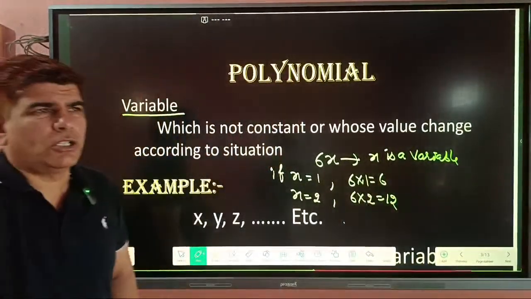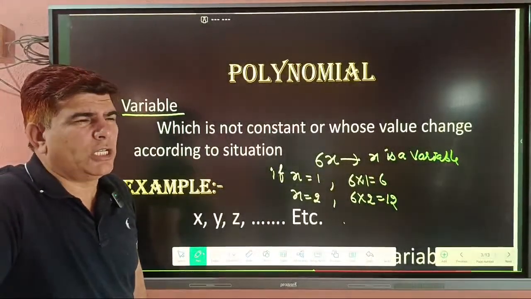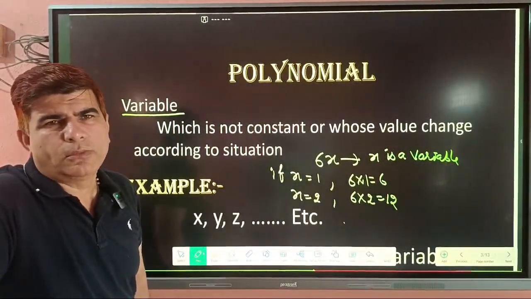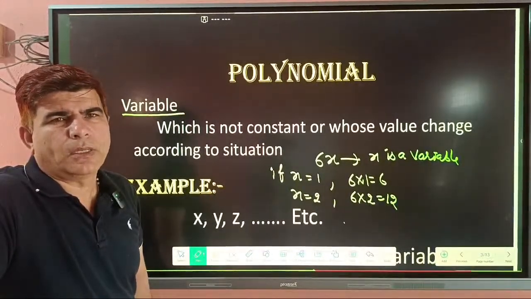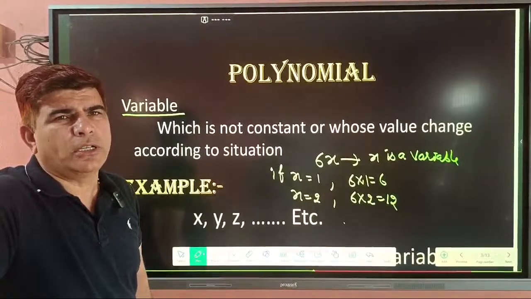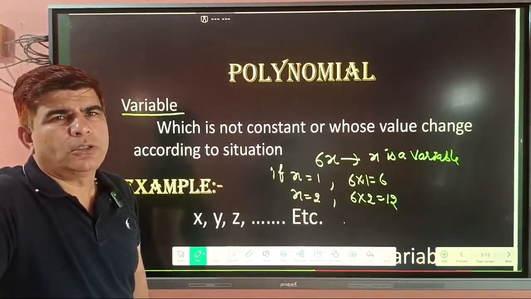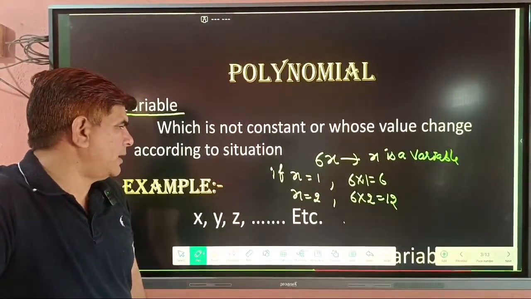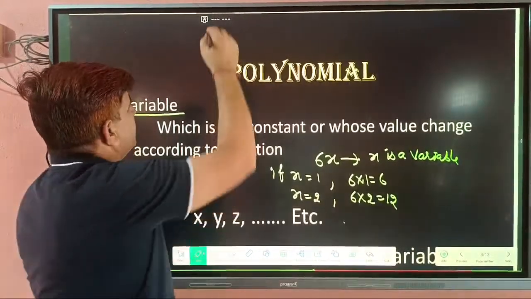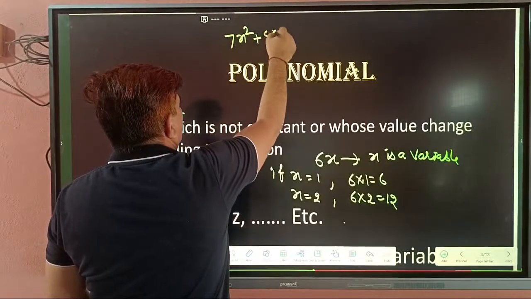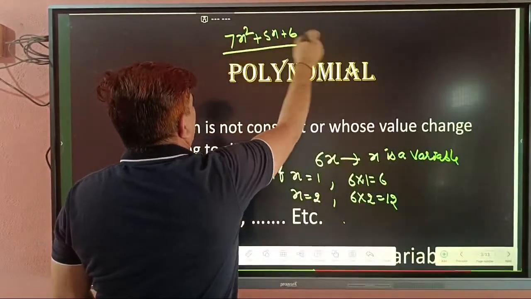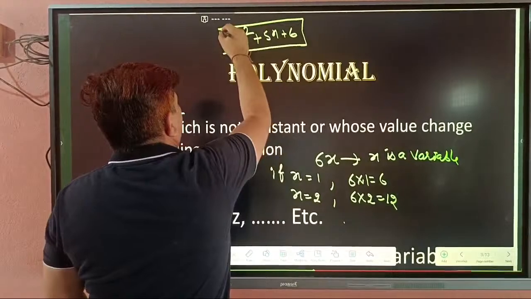So what's the definition of a variable? Its value changes according to the situation, or we can say it does not remain the same. Understood? Actually, we are talking about polynomials here, so one by one I will tell the definitions. You can take an example like 7x square plus 5x plus 6. Here, which one is the variable?